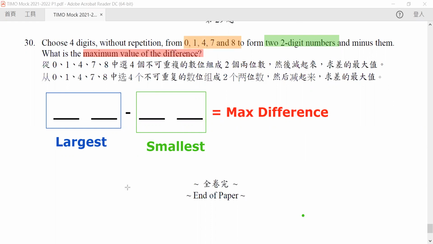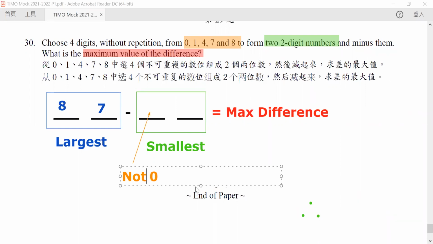If it is the largest number, the first digit must be the largest, so it must be 8, followed by the second largest, which is 7. For our smallest number, the first digit must be the smallest, but notice that it cannot be 0.